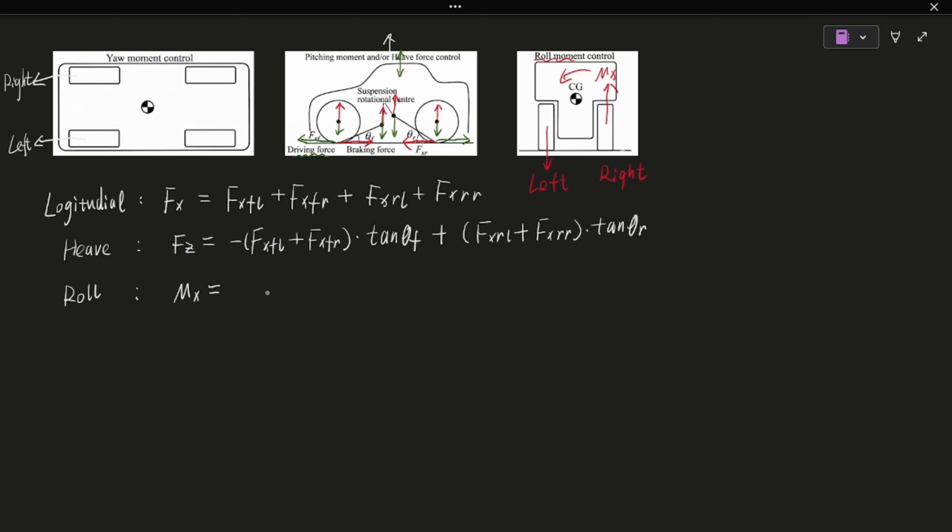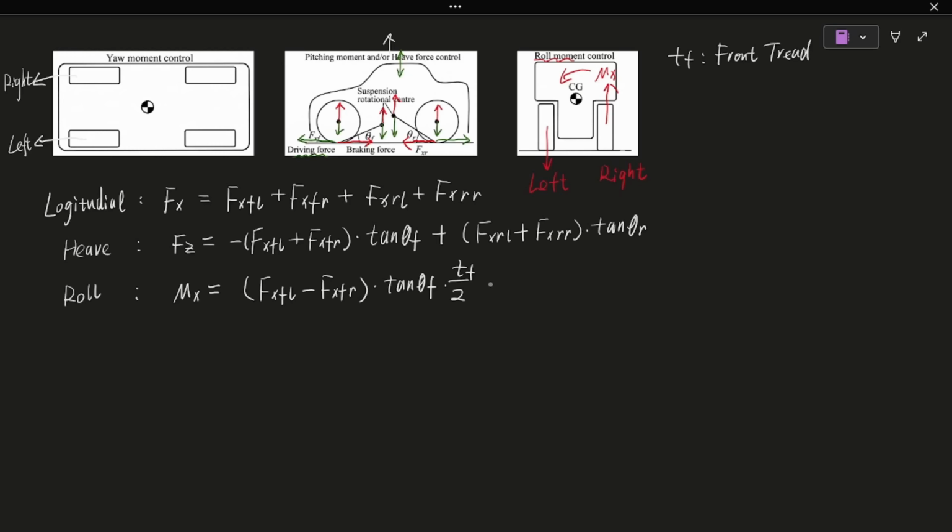This needs a forward longitudinal force. That's positive Fx_FL. Right side goes up. This needs a backward longitudinal force. That's a negative Fx_FR. Multiply by tan theta F to get the vertical force. Then multiply by Tf over 2.